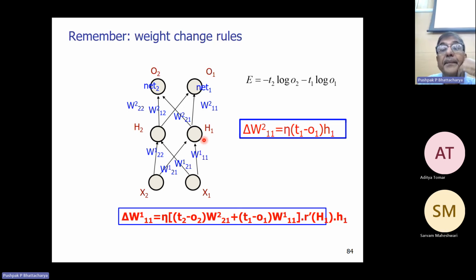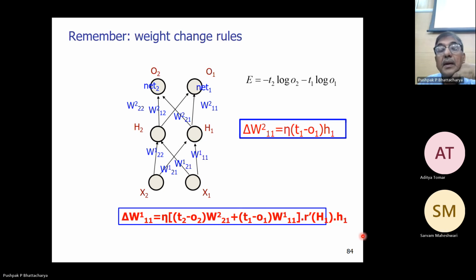What about the hidden layer? You might say that we have not derived the hidden layer weight change rule for cross-entropy and Softmax or cross-entropy and ReLU. Well, it is this way. You use the concept that the delta value is backpropagated. The delta value for cross-entropy and Softmax is T minus O. So for this particular weight, W111, what will be the change in weight?